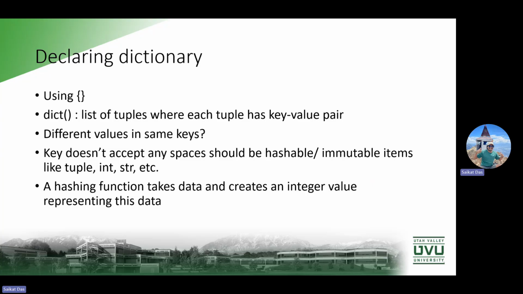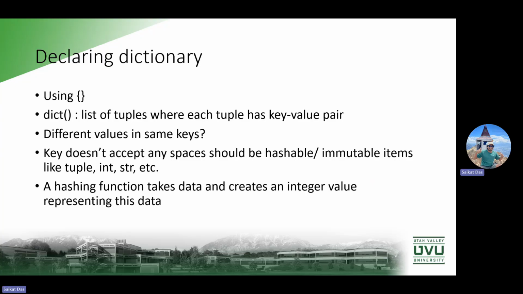So far in the list, tuples, and the strings, we have just a sequential iteration, or we're storing the data in a sequential fashion. For example, a string is a sequence of characters. For a list, there's a sequence of items. It could be any type, homogeneous data or heterogeneous data. The tuples are the same as the list, but the only difference is they are immutable.